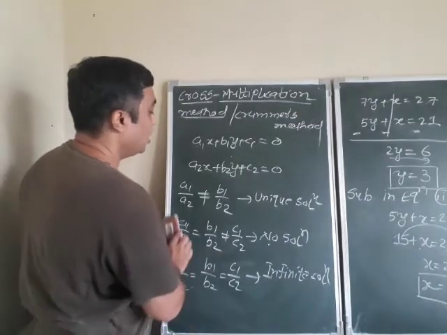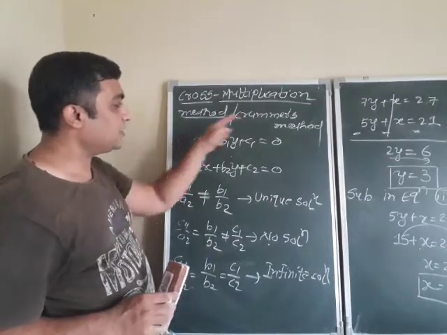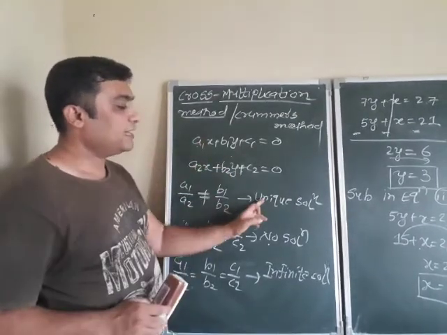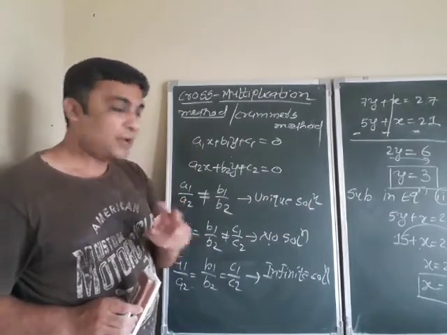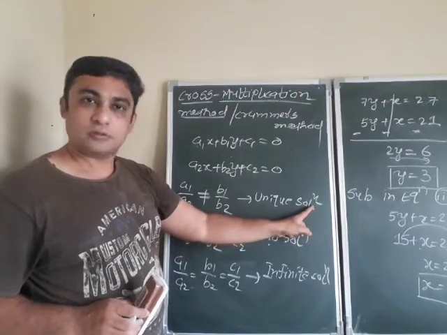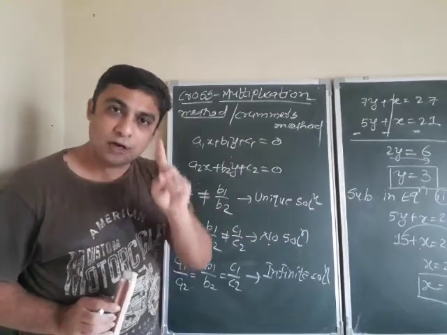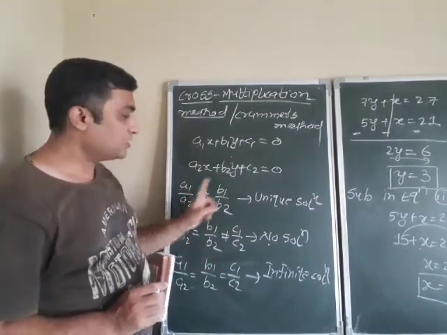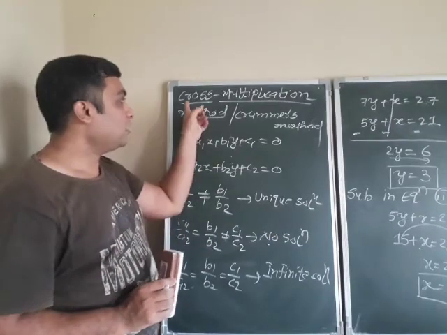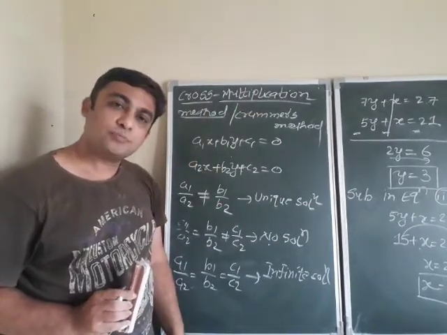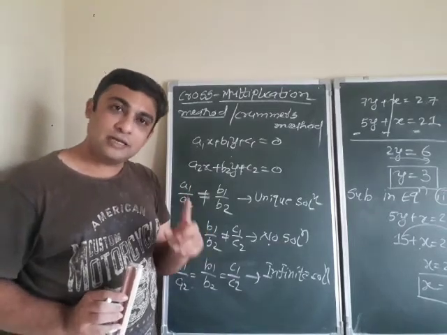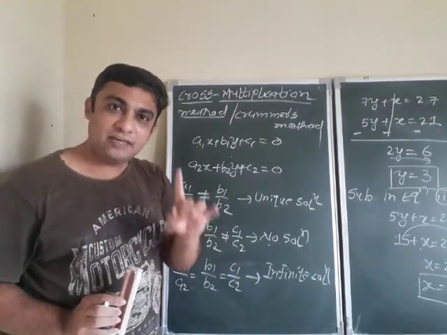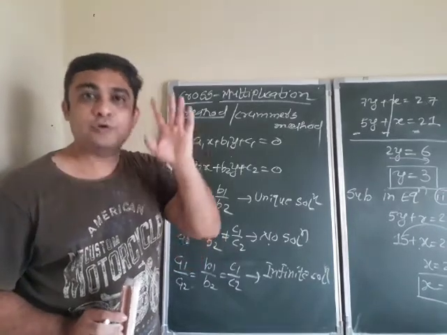Fine. Now, if you find that the system is consistent and has a unique solution, the cross multiplication method is defined to find the unique solution. Clear? So if the system has a unique solution, you can find it using the cross multiplication method. The cross multiplication, substitution or elimination method, any method, is only workable when the system has a unique solution.